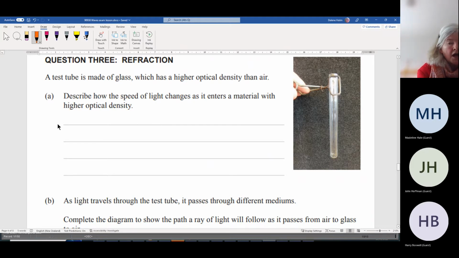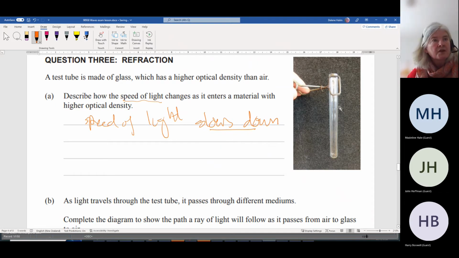So hopefully from less optical to more optical, you will say that the speed of light slows down. Okay, now you asked about the speed of light and not how the light bends or something like that, but you could put that in if you wanted to, but that's the key thing, that it slows down.